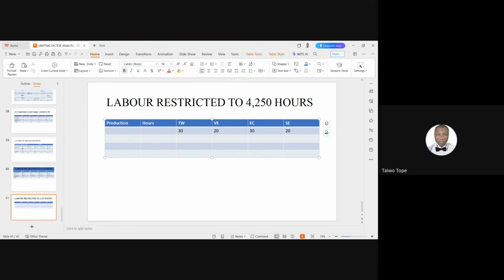We are giving it first priority. So who can tell me how many hours we need to produce 30 units of TW? That will be 30 times 15, which is 450 hours.